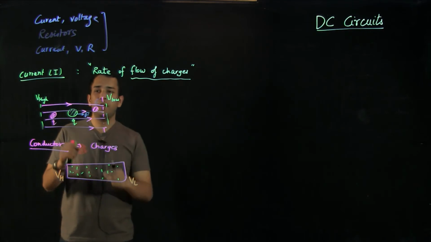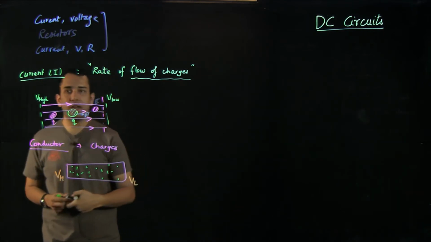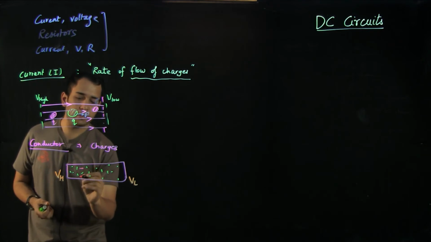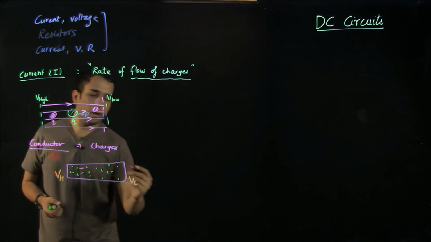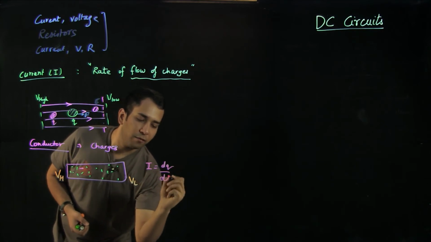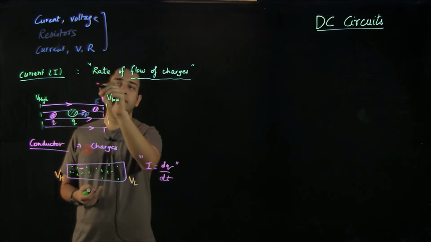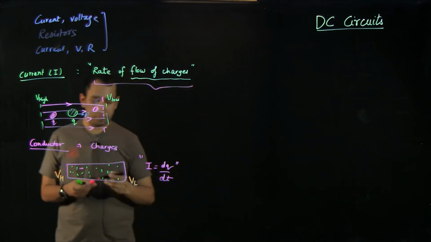So the whole thing which we have discussed will take place in this conductor as well, and there will be forces acting on all of these charges, and there will be a current induced which we will define by dq by dt, by the same formula which represents this statement, dq by dt.